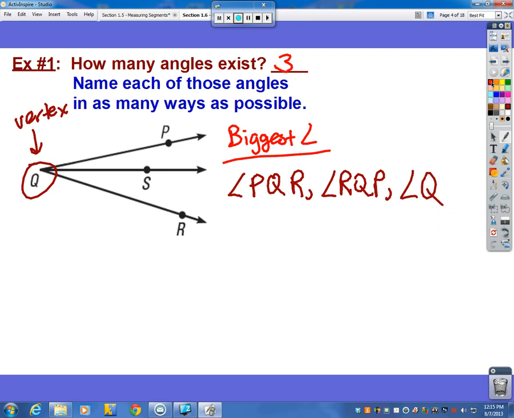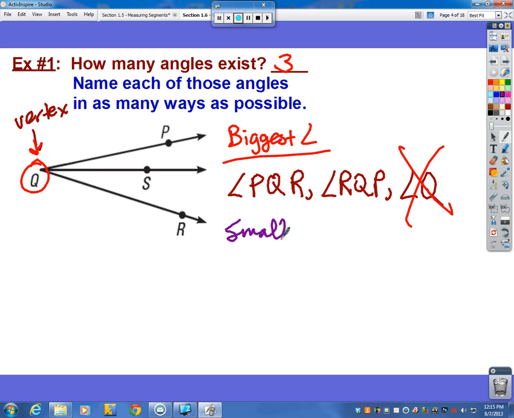I could not refer to this as angle Q, and let me explain why. This is an angle Q, but so is this little angle, it's an angle Q, and so is this other little angle below it, it's an angle Q. There's technically 3 angle Qs. So that's why we can't use the single letter format in this case. All right. There are more than one angle Q here. So we have to use the 3-letter format.